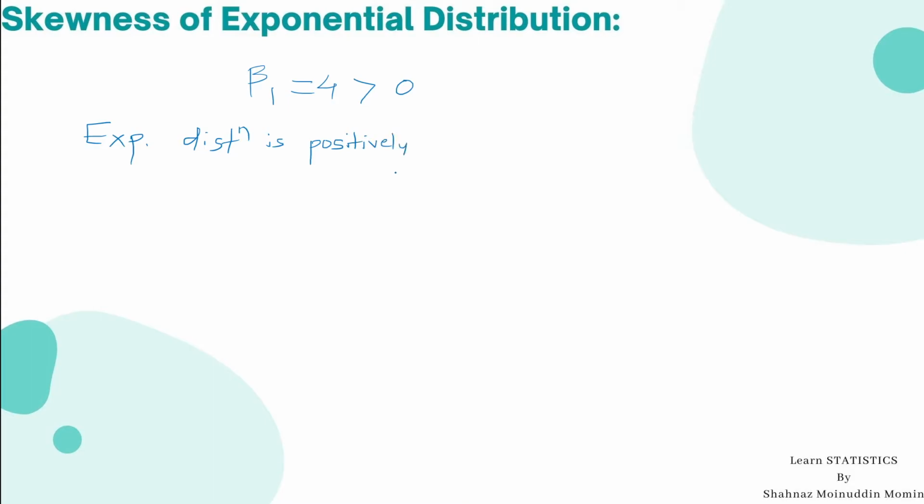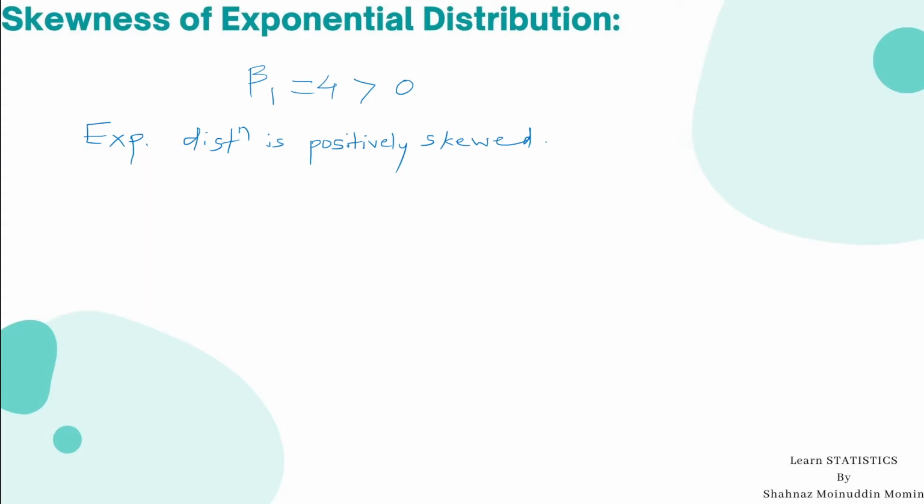If beta 1 is positive, then we know that the corresponding distribution is positively skewed. Here beta 1 is 4, which is positive, hence exponential distribution is positively skewed.